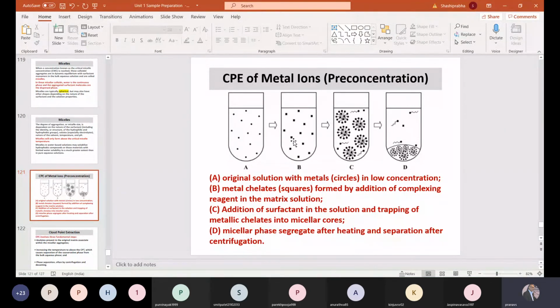So obviously the size would become bigger. The metal chelates are formed by addition of complexing agent in the sample solution or the sample matrix. Then you add surfactant such that the concentration is above the CMC, critical micellar concentration.